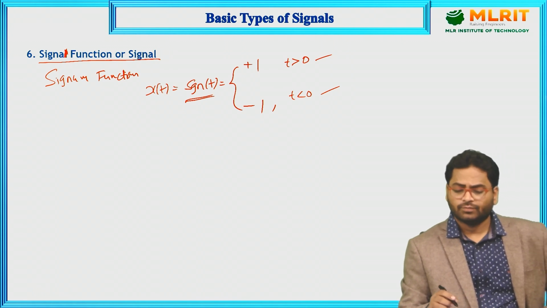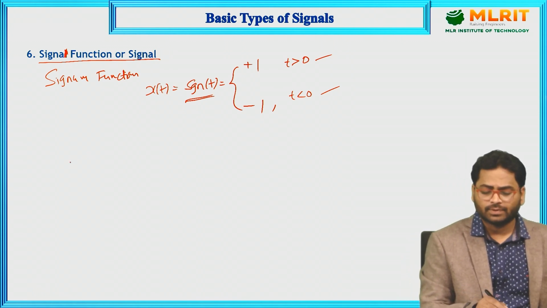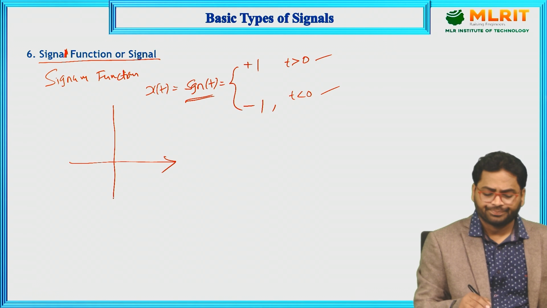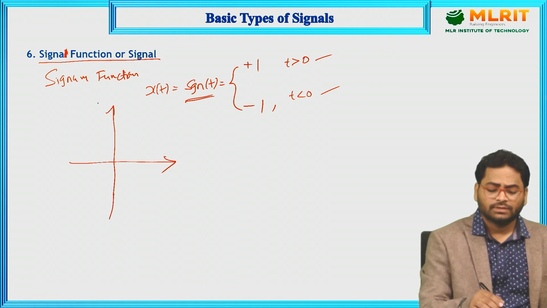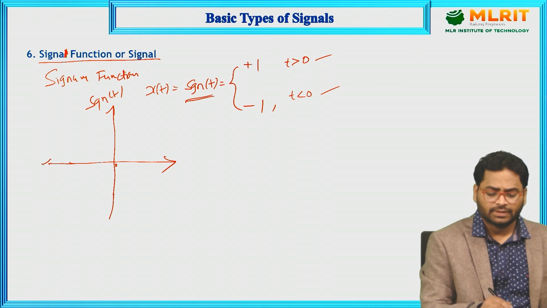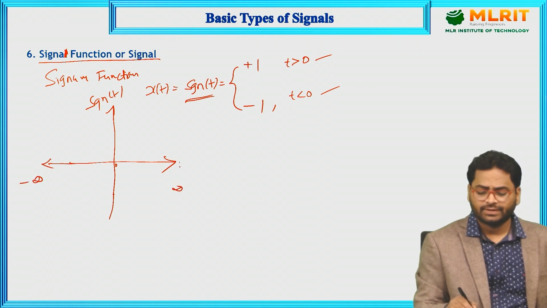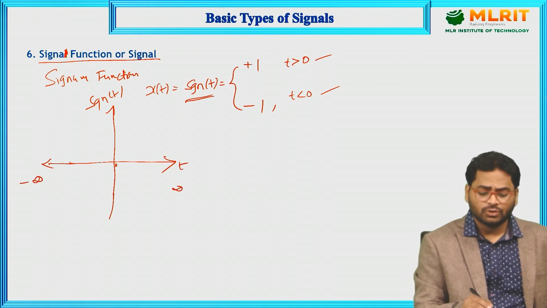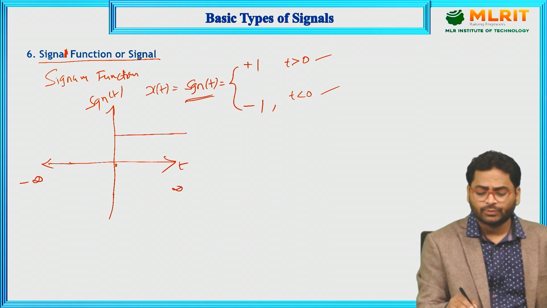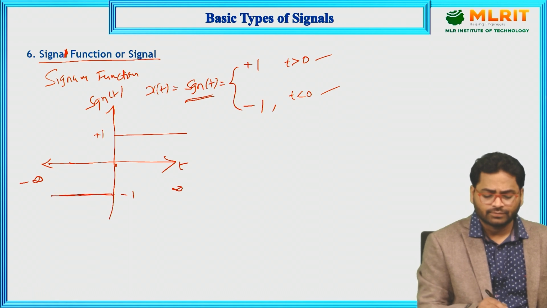And if you look at the signum function graphically, this is SGN of t, the signum function. This is 0, with minus infinity and infinity as the time axis. So from 0 to infinity, you will have the amplitude plus 1, and from 0 to minus infinity, you will have the amplitude minus 1.